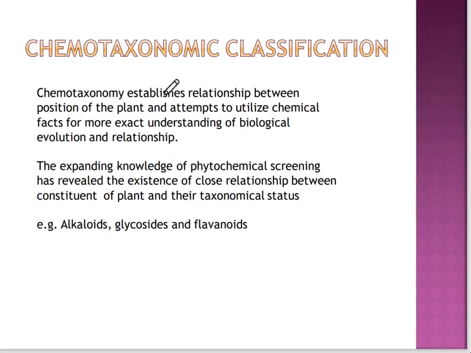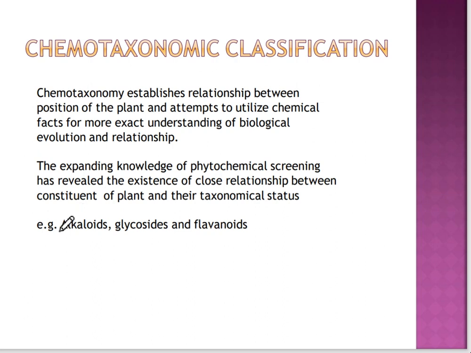Alright. Then we have chemotaxonomic classification, that is the last. Now, in simple words, it is a relationship between the similarities and differences in the biochemical properties of the crude drug.